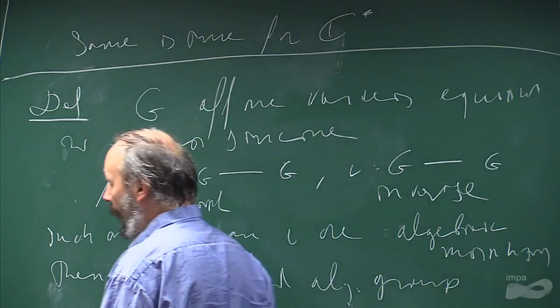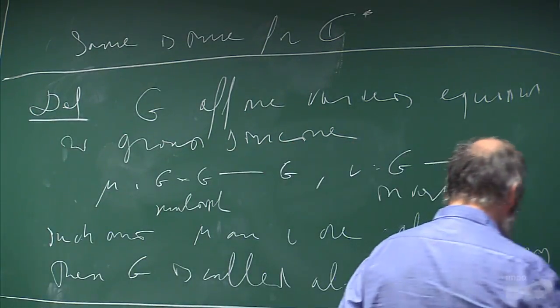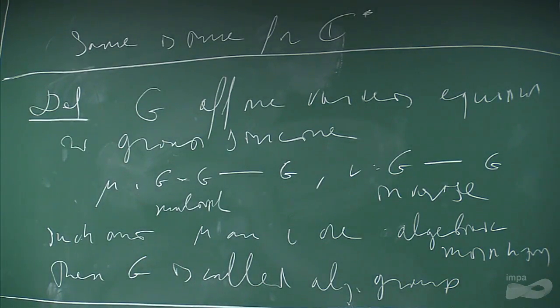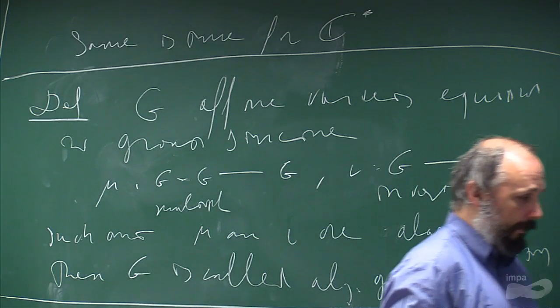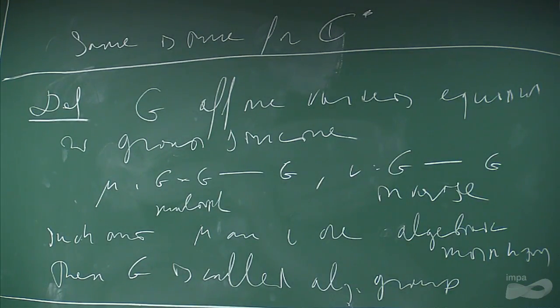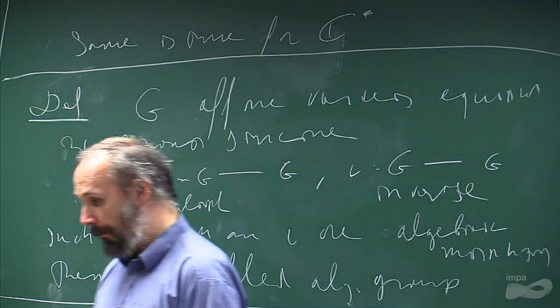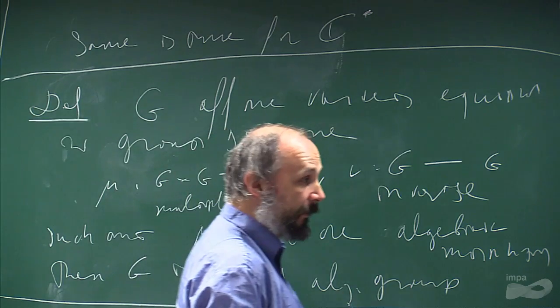Let me give you immediately an example, which would be essentially the only example we're going to work with. But in fact, there's lots of work on algebraic groups. It's part of Lie theory, but there are lots of works on it, especially over exotic fields, not over C, but over R, or even stranger fields like the algebraic closure of a finite field.